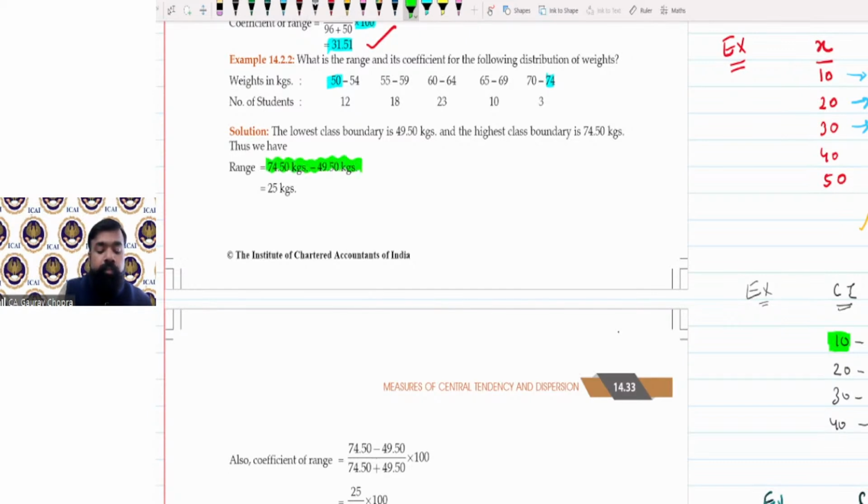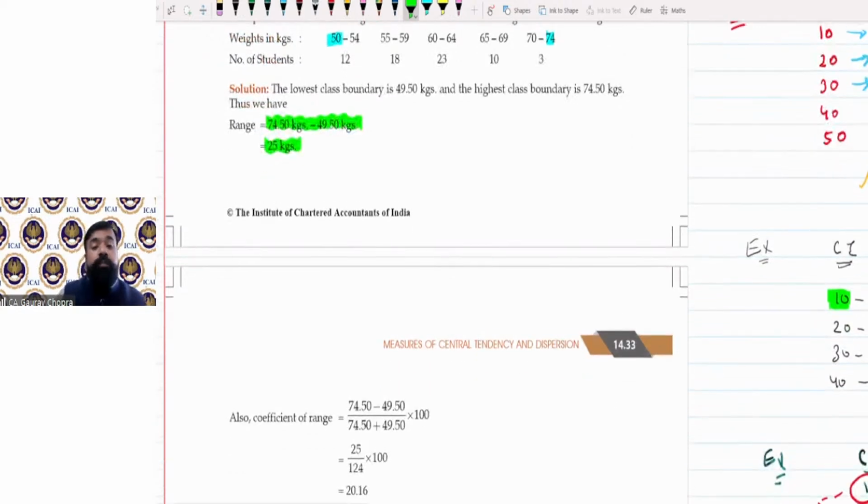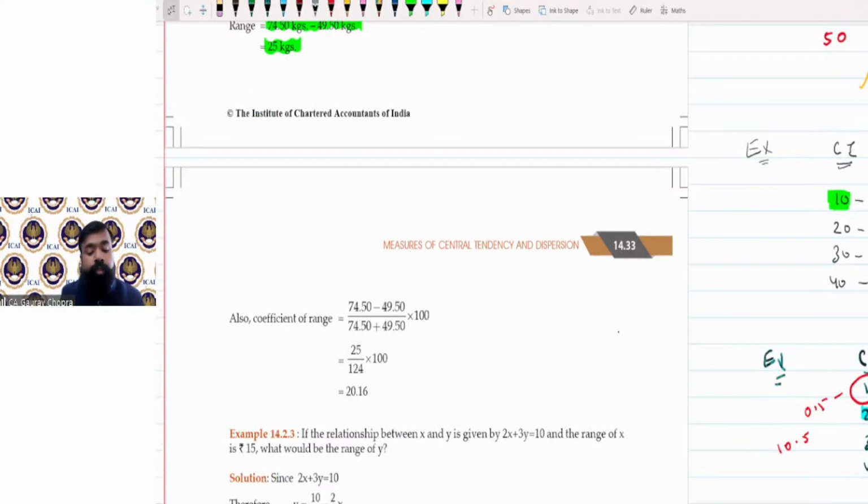Range is the difference of these two, that is 25 kilograms. Similarly, you can calculate the coefficient of range: H minus L upon H plus L, and then multiply by 100. So you will get the answer as 20.16. This is the coefficient of range. All right, everybody.